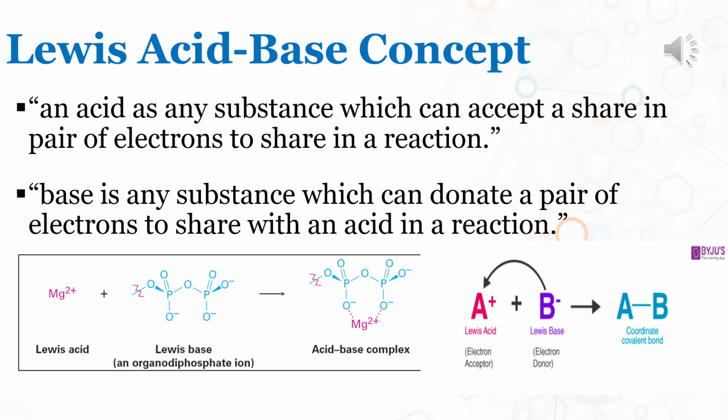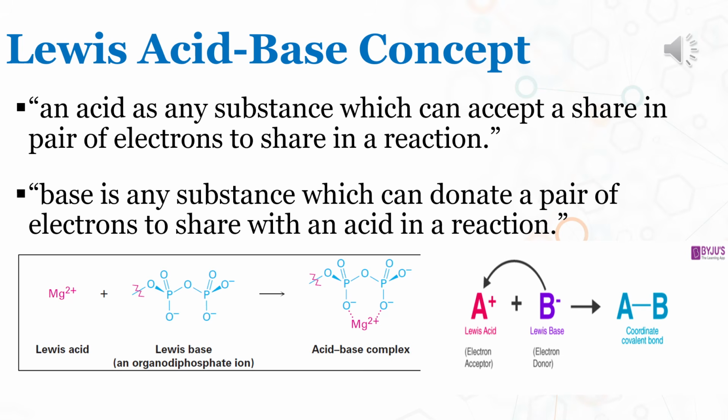Therefore, it is insufficient of electrons and it needs extra electrons to become stable. And for your Lewis base, you have this organodiphosphate ion, wherein when we say Lewis base, they have extra electrons and they are ready to share or give some electrons.